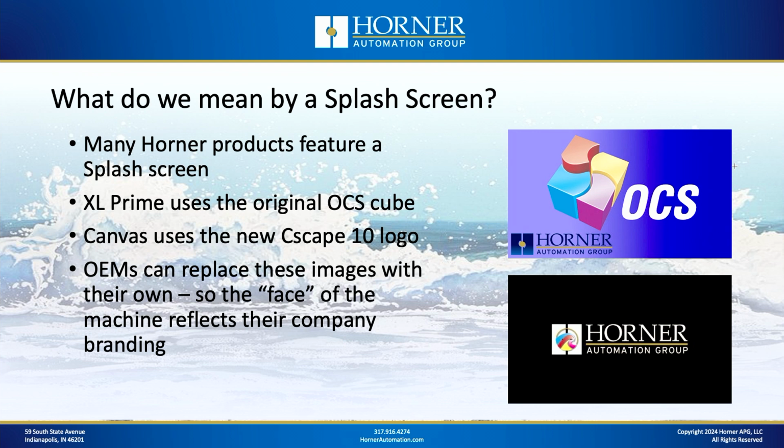And then we simplified things a little bit on the Canvas series, just going to the Cscape 10H along with the Horner Automation Group logo. But anyway, this is what we chose graphics-wise to put on the screen during boot up. You may want something different, and that's what we're going to show you today, how to put your images and your logos on the screen.